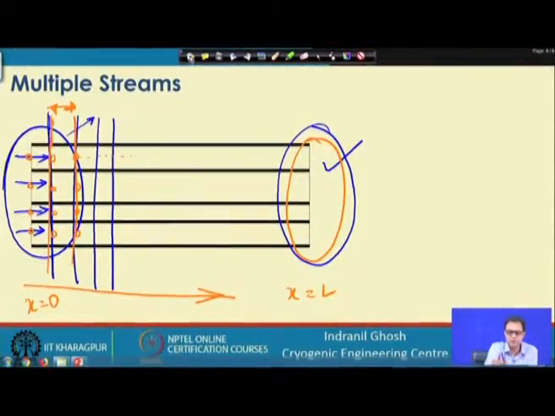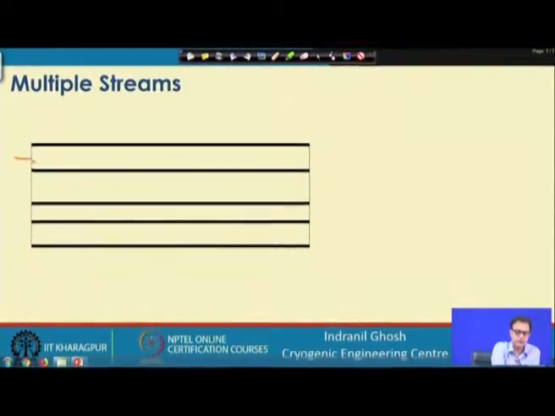But if the situation is not that, if at least three of them are entering from one side, and one of them is coming from the other side, then what happens?